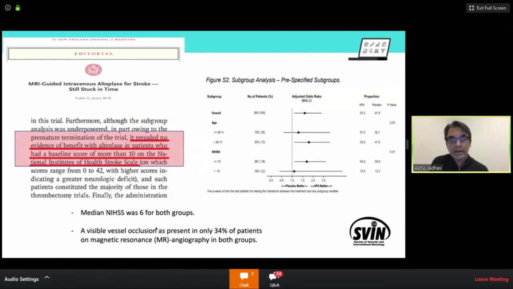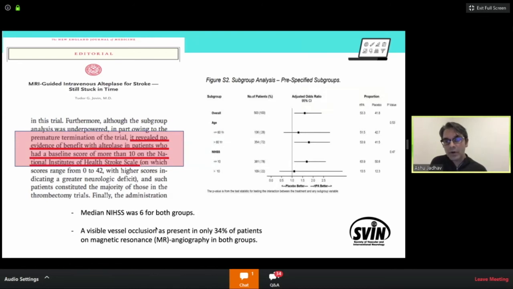So based on this result, there are centers that are routinely giving TPA for patients based on this paradigm. However, to exercise some caution, this is an editorial that accompanied the paper by Tudor, and really he highlights a few things. One is that if you look at the subgroup analysis in the patients who had NIHSS greater than 10, there was no benefit of alteplase over a placebo. The NIHSS, again, was low.